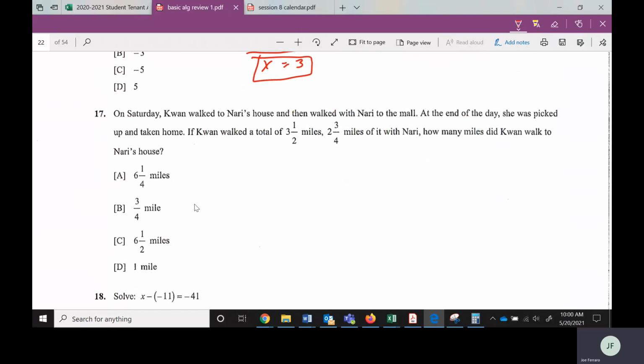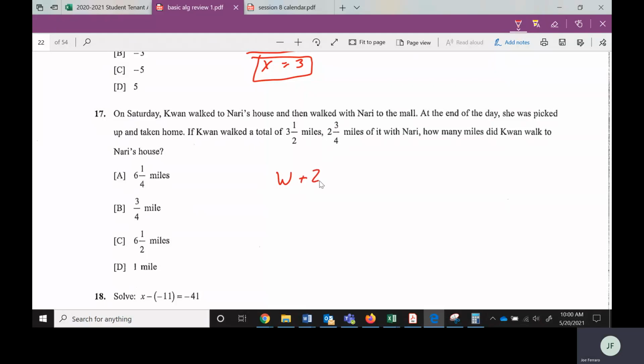It says, if Kwan walked a total of 3.5 miles, 2 3/4 of it with Nari, how many miles did Kwan walk to Nari's house? Okay. So there's the order, you could put this a different way, but if we went and way to describe it, she walked some miles, then she walked with Nari to the mall.